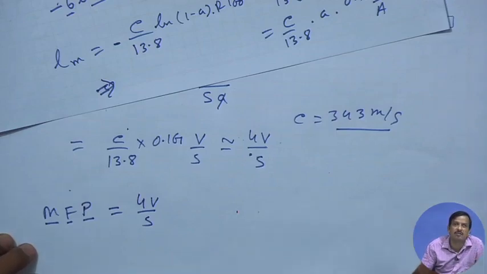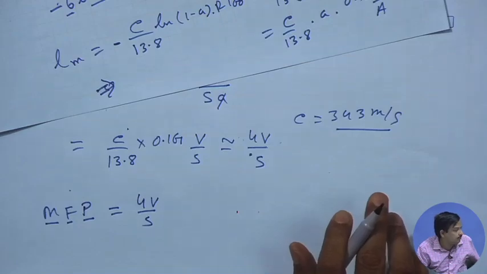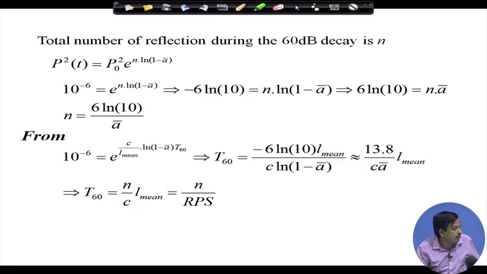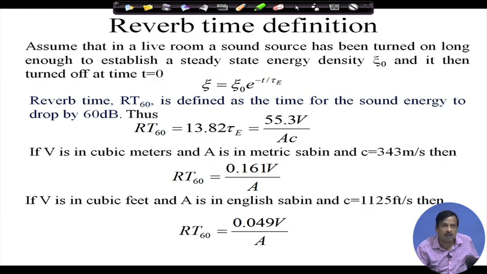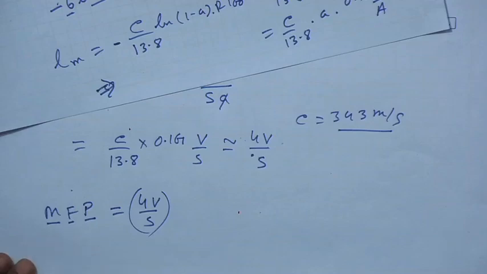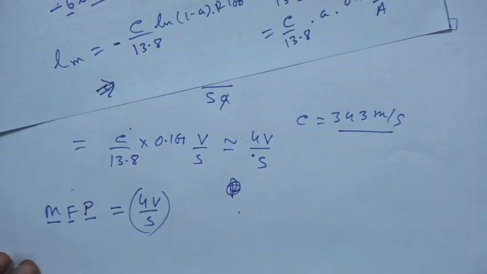Is it clear or not? It's clear. Now, let us say how many reflections will be present during 1 second, the number of reflections per second n.